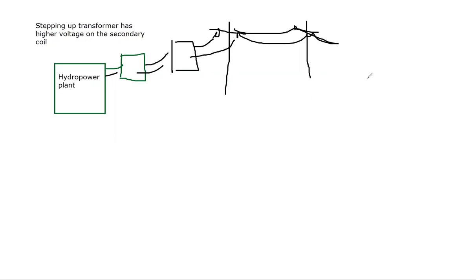Consumers cannot use 100,000 or 500,000 volts, obviously. You have to have a cascade of stepping down transformers. So here you will basically have consumers. Consumers, right?